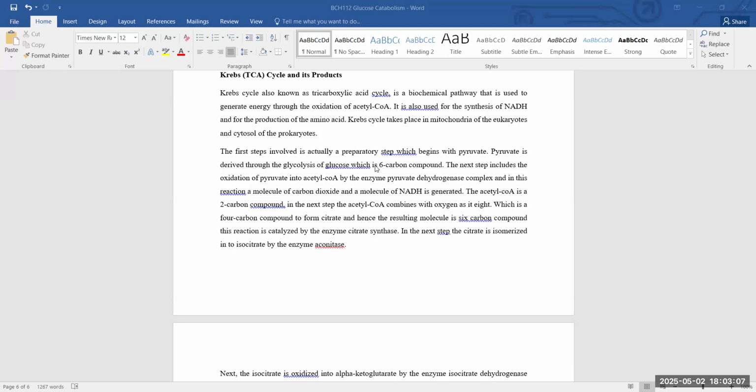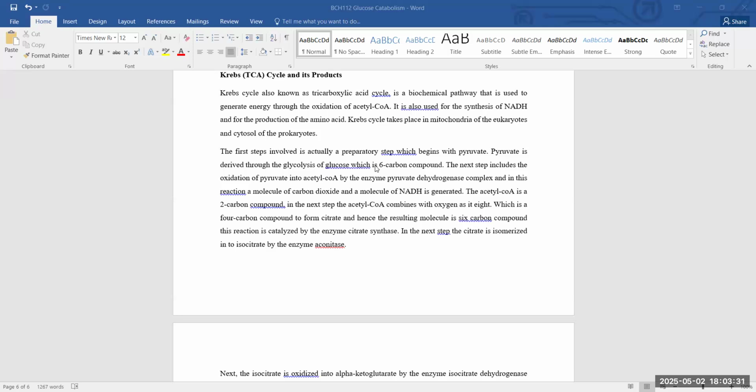So the Krebs cycle takes place in the mitochondria. As soon as pyruvate is formed, it is channeled into the mitochondria of the cell and converted to acetyl-CoA in the mitochondria of the eukaryotic cell. It's in the mitochondria of eukaryotic cell that this reaction happens.